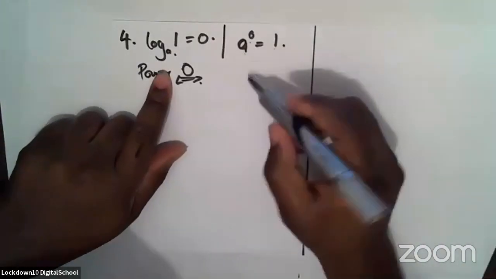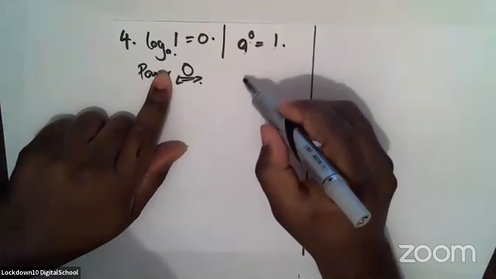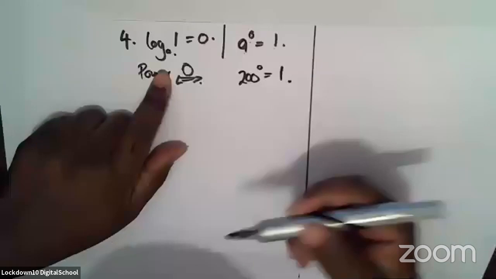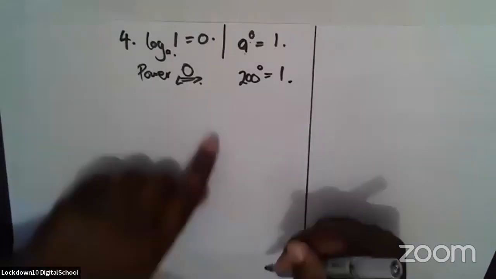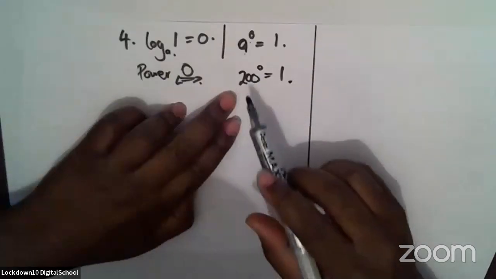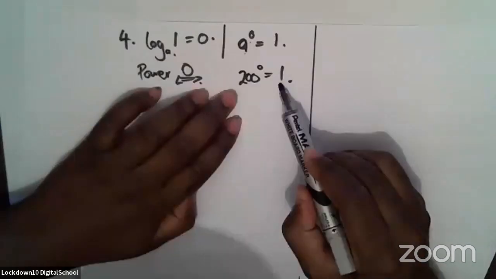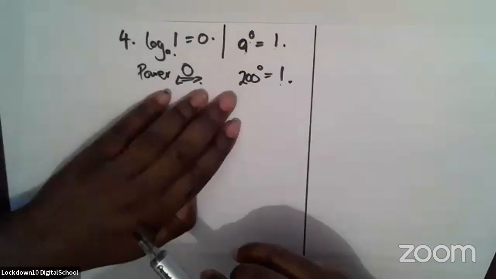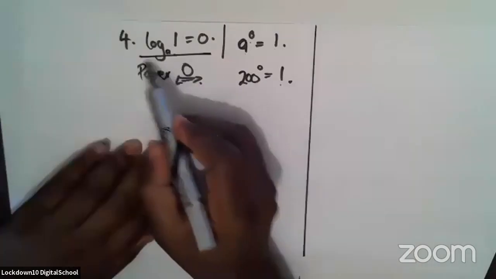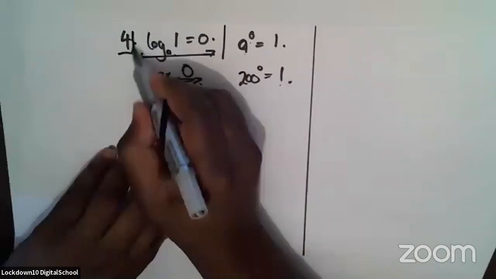If I write 2 million or 200 to the power 0, it is equal to 1 by the laws of exponents. So what is the power of 200 that gives me 1? It's 0. That's why we say log 1 is 0.